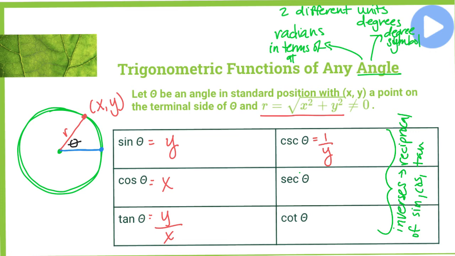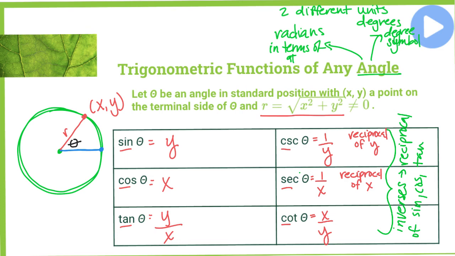But if y is already a fraction, we can just remember it as the reciprocal of y. Same thing with secant of theta. It would be 1 over x, or the reciprocal of x. And then same thing with cotangent of theta. That's going to be x over y. So sine and cosecant go together, cosine and secant go together, and tangent and cotangent go together.